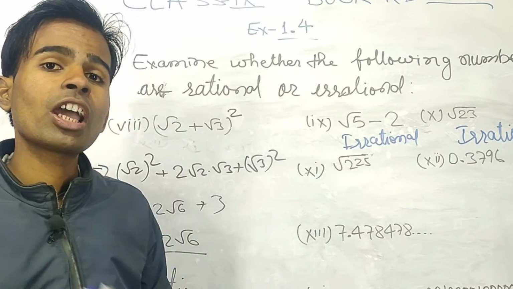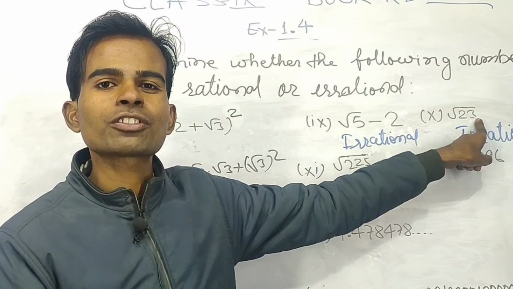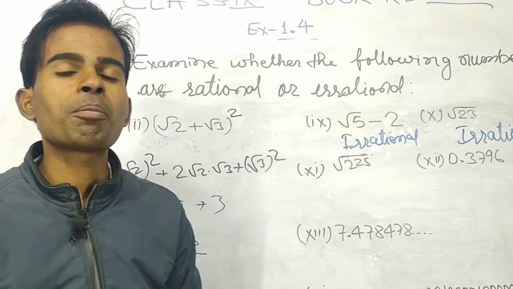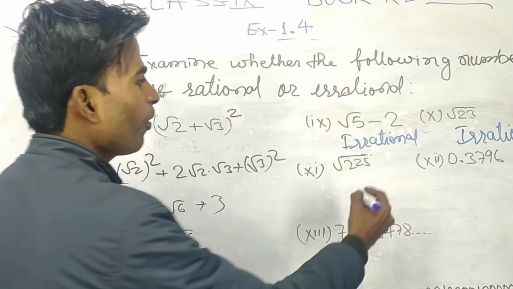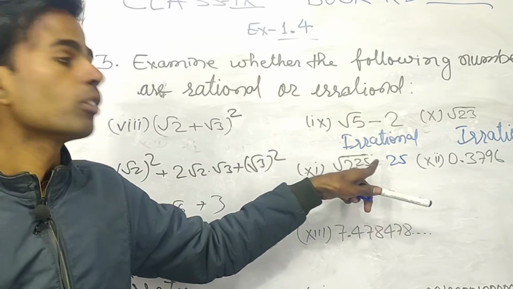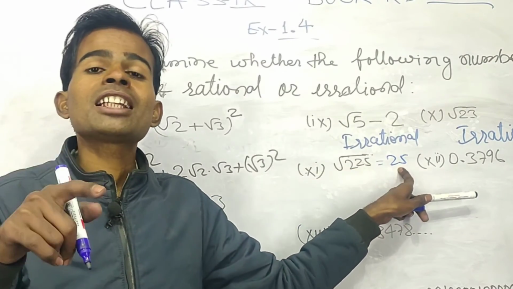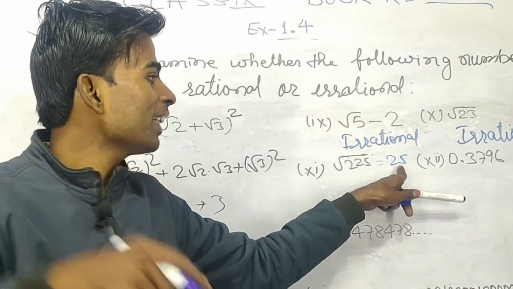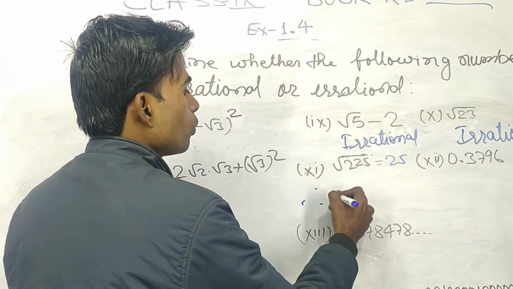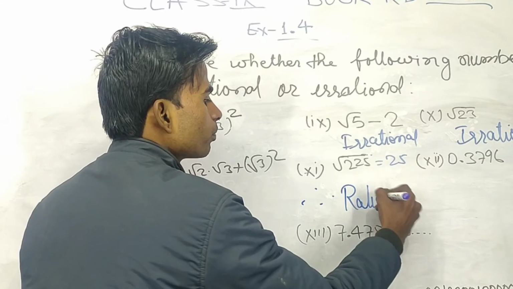How can you say that? Because 23 is not a perfect square number, but 225 is a perfect square number. That's why when we simplify it, the value of root under 225 will be 15, and 15 is a rational number because we can write it in the form of p by q. That's why root under 225 is a rational number.